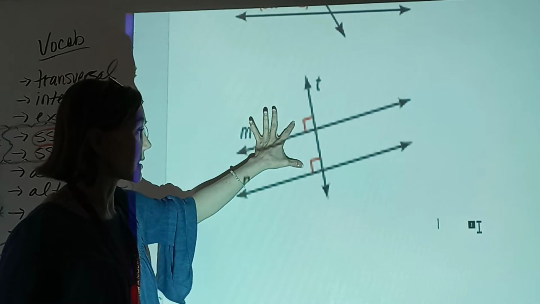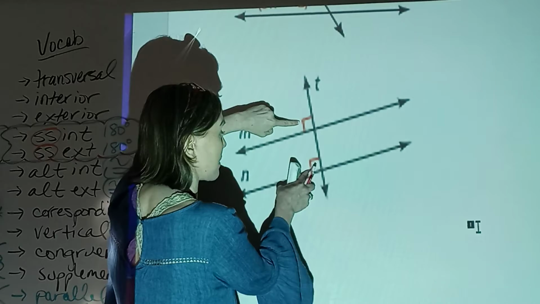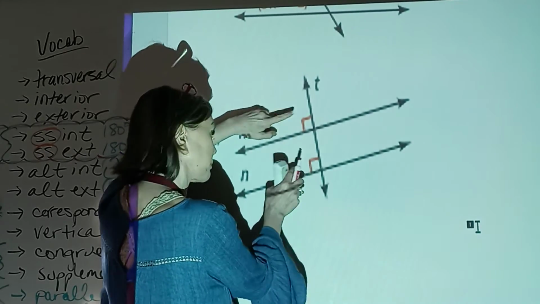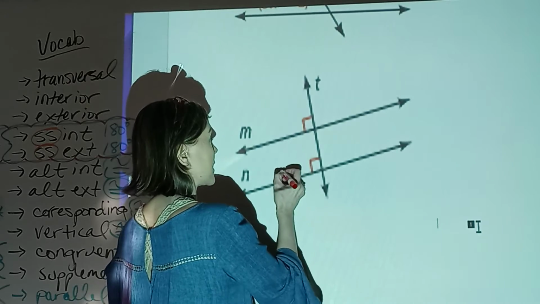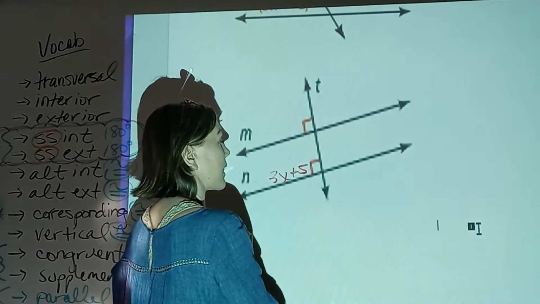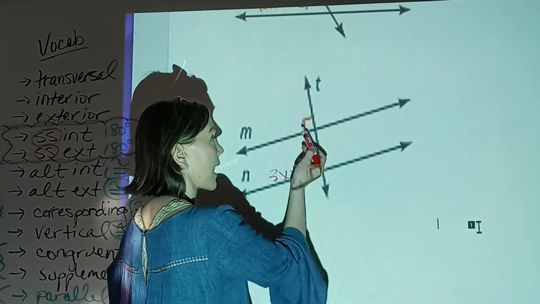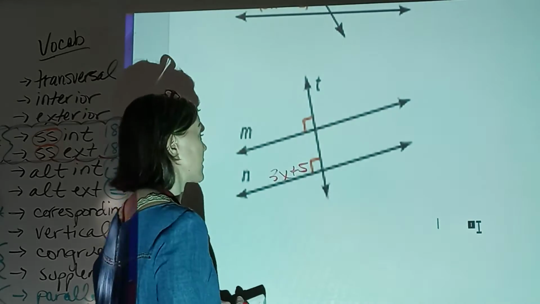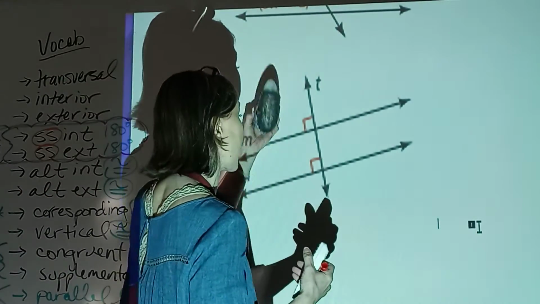And that makes sense that they are congruent because they are corresponding, because they're in the same position, different parallel line. And if we said that this was 3x plus 5, how would we solve for x? Well, we'd say 3x plus 5 equals 90 and solve for x. That's part of using the clues. The box is a clue.